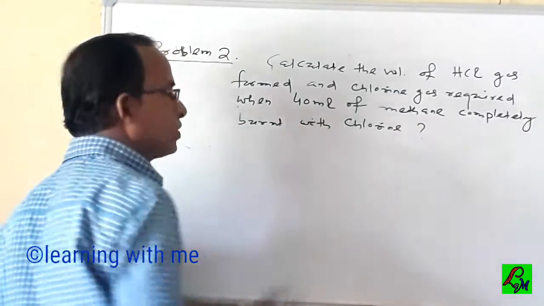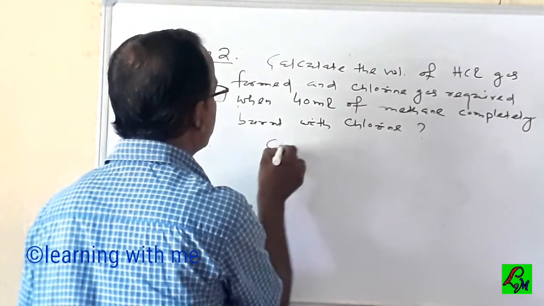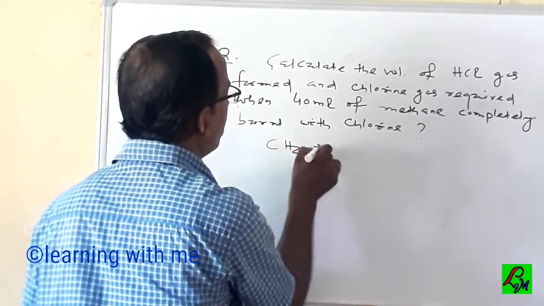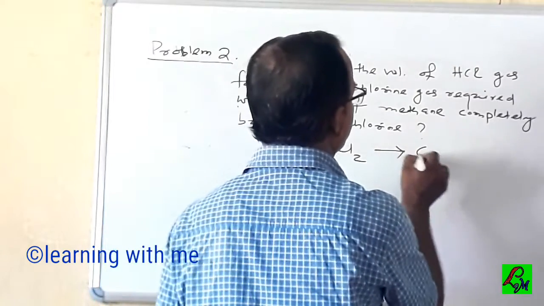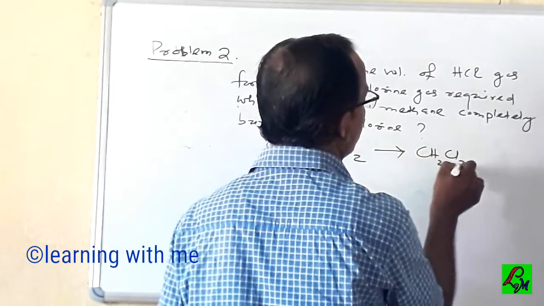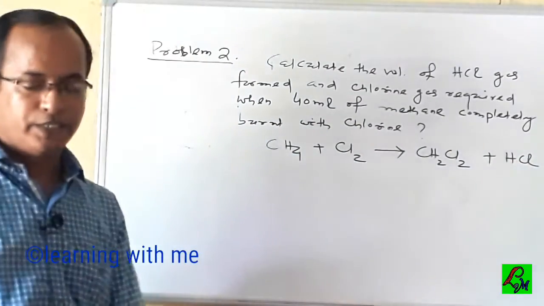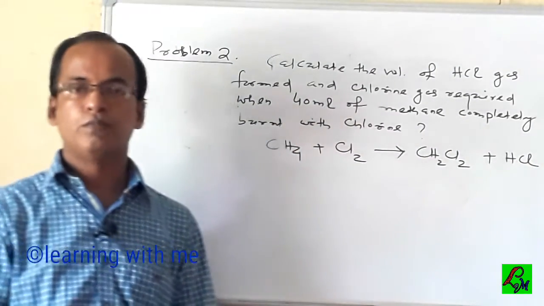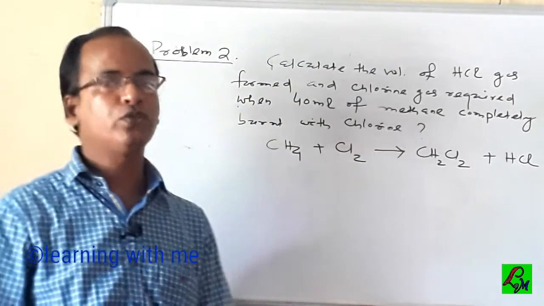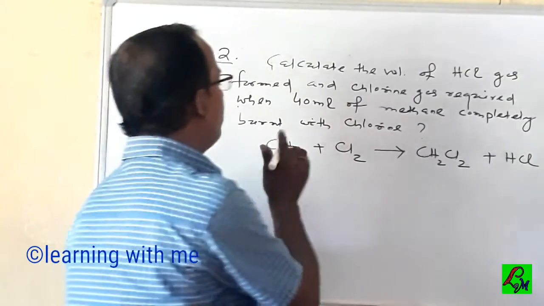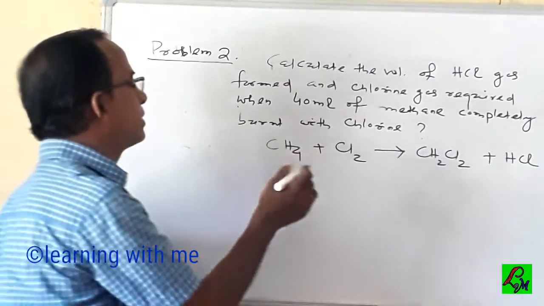That means first of all, methane reacts with chlorine, so CH4 plus Cl2 produces CH2Cl2 plus HCl. The equation will be CH4 plus Cl2 produces CH2Cl2 plus HCl. But this is not balanced, so we have to balance this.